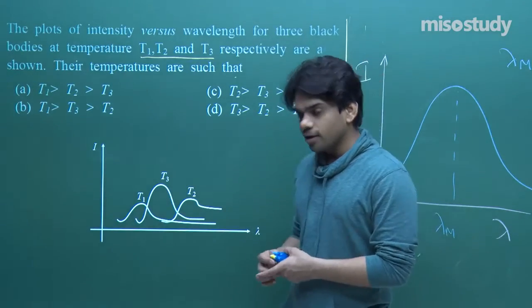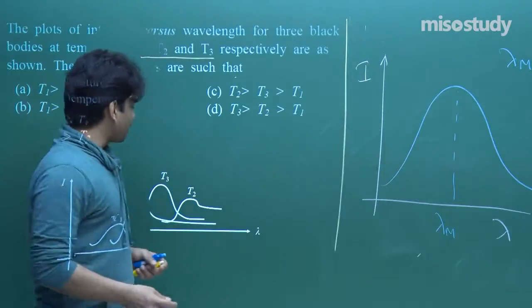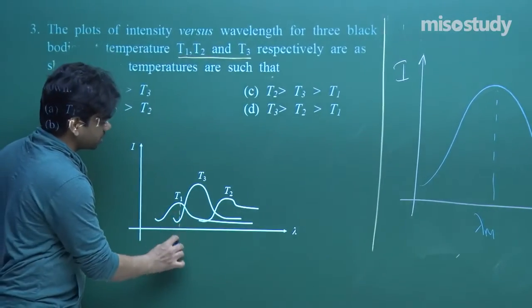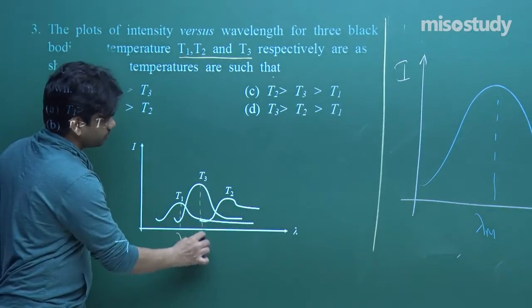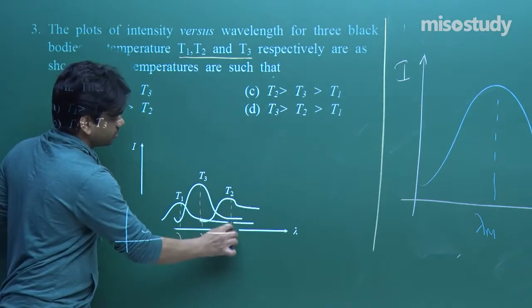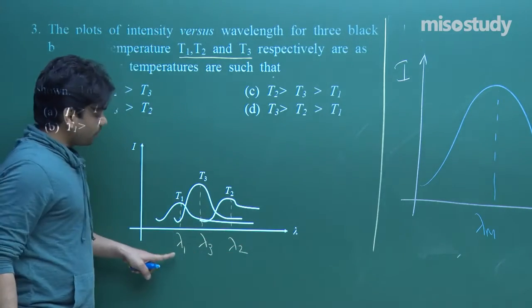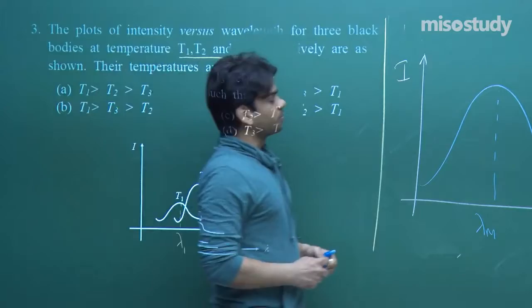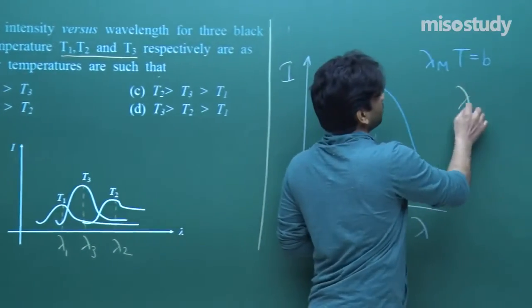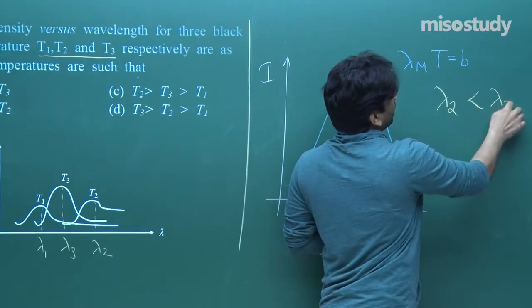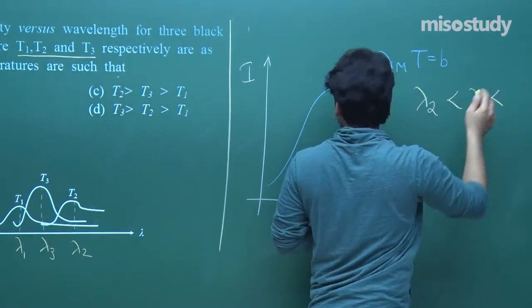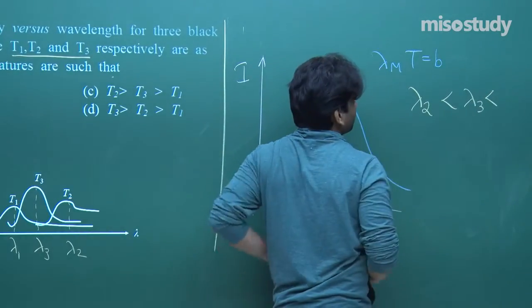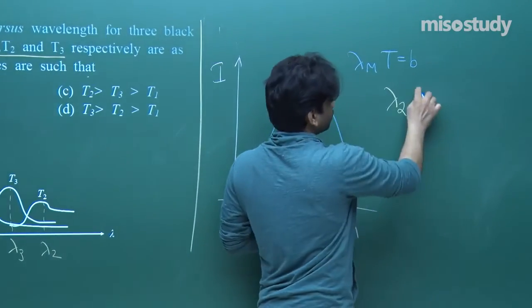So if I mark here lambda 1, lambda 2 and lambda 3 for the 3 cases, lambda 1, let's say this is lambda 3, this is lambda 2. So lambda 1 will be the minimum, lambda 2 is the maximum. So we can write lambda 2, then lambda 3, and lambda 2 is the maximum.